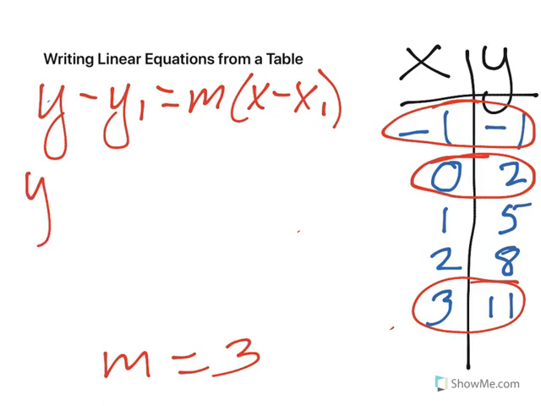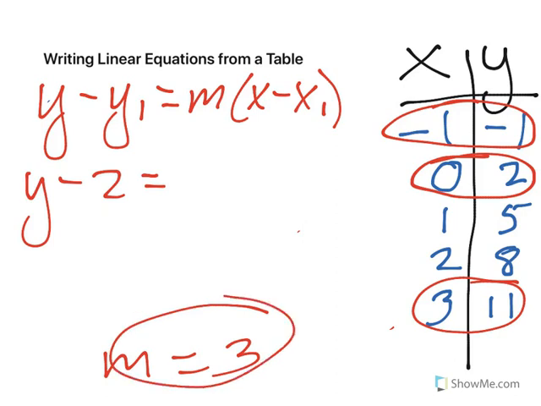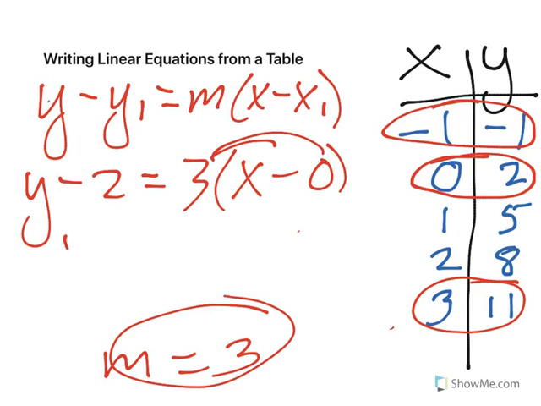So now we can go y minus y1, which is 2, is equal to m, there it is down here, slope, times x minus x1, which is 0. And then we have to distribute, of course. So y minus 2 is equal to 3x minus 0, because 3 times 0 is 0.